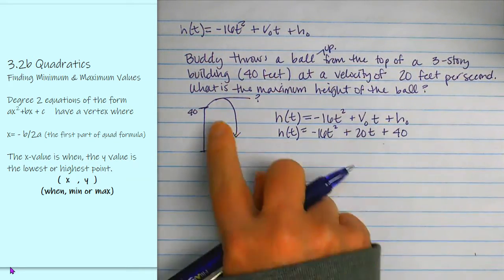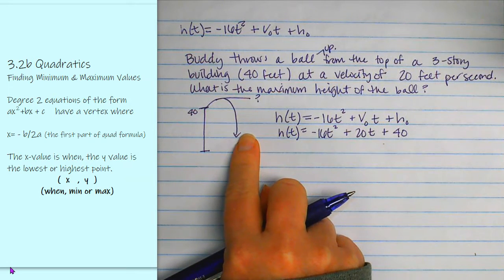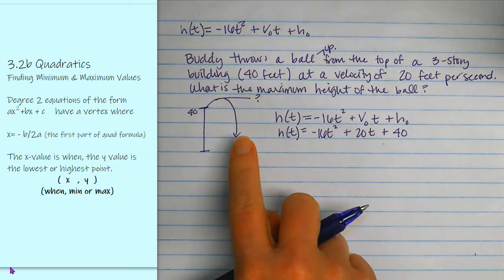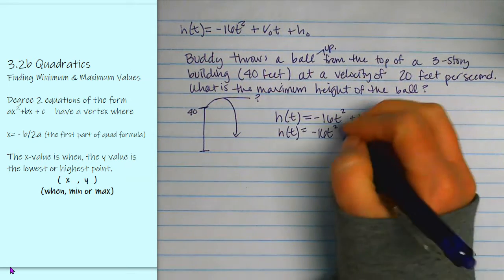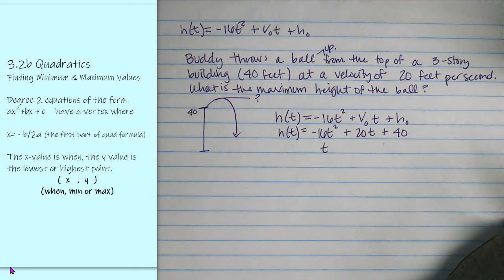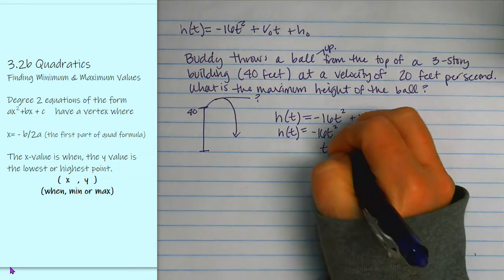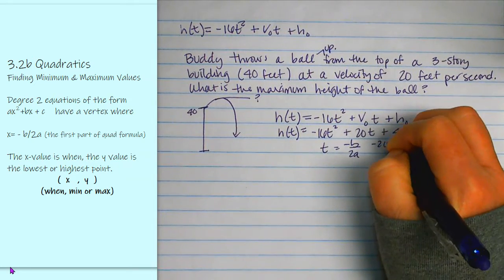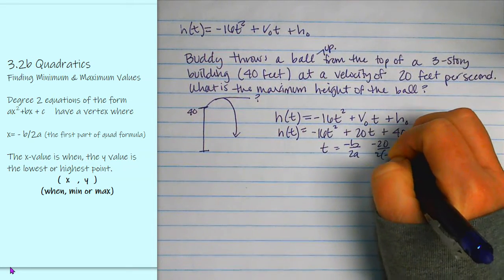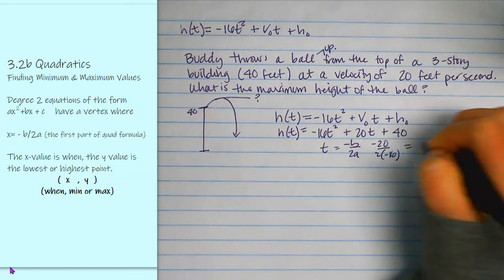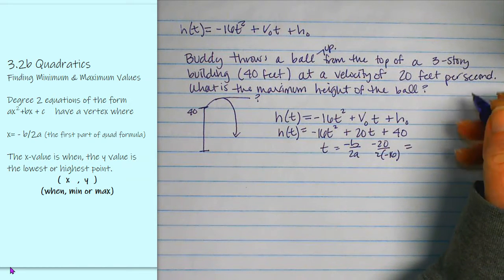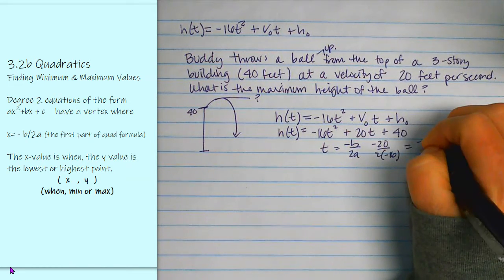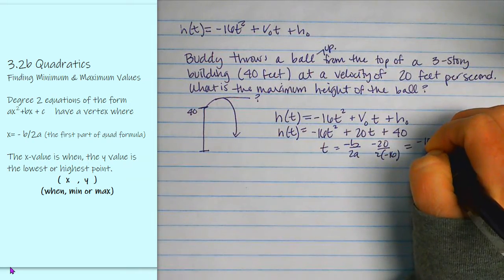So this represents the sort of curve of our ball, and it's going to have a maximum where the t value, again, this is not an x, it's not written in x, but the same input value equals negative b over 2a. So that would be negative 20 over 2 times negative 16, and that is going to be negative 10.